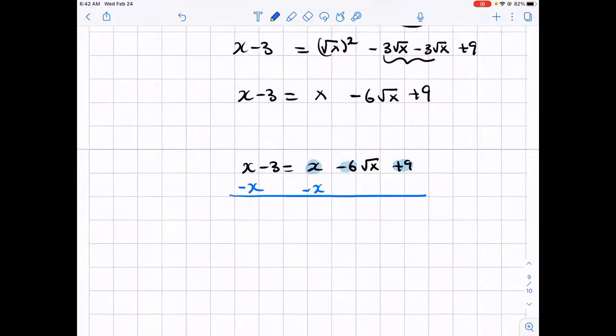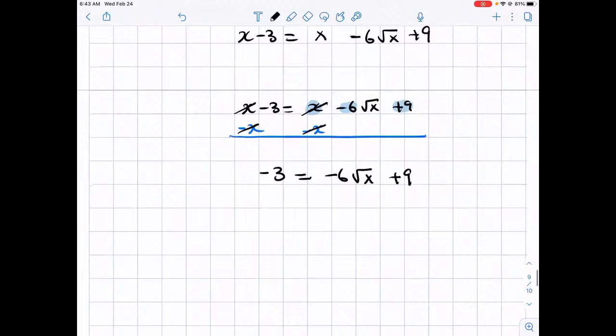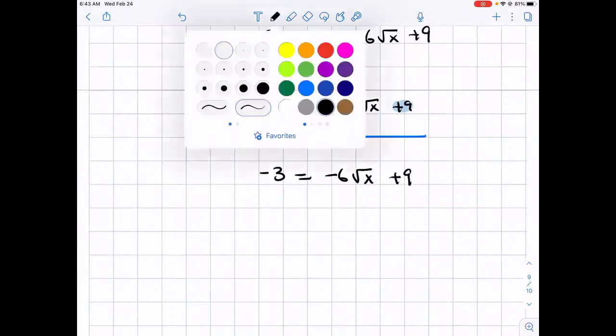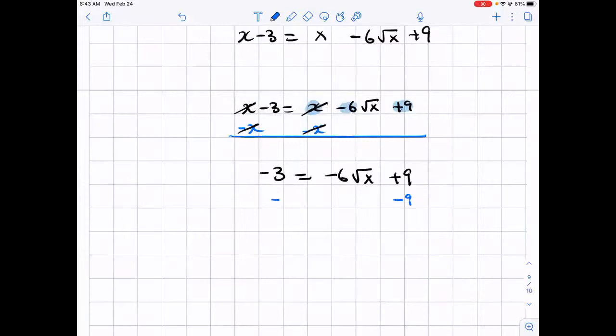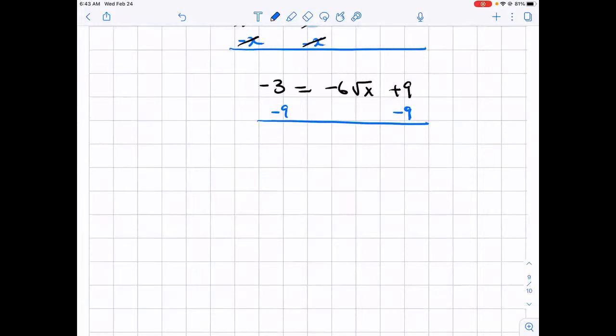By doing this, the plus x and the minus x cancel, so this becomes -3 is equal to this, and the x and minus x cancel. And then we subtract 9 on both sides now. By doing this, -3 minus 9 becomes -12.